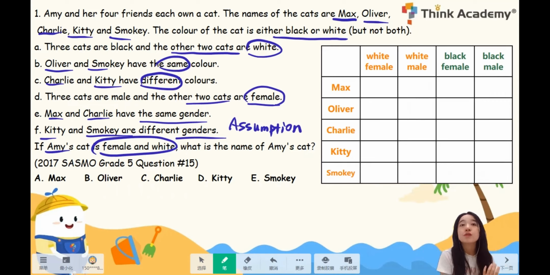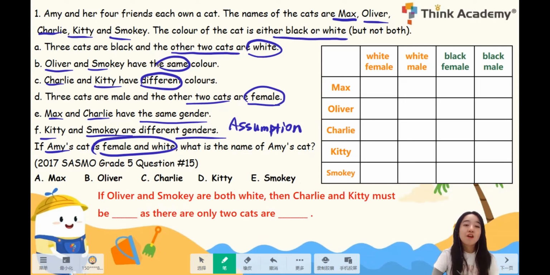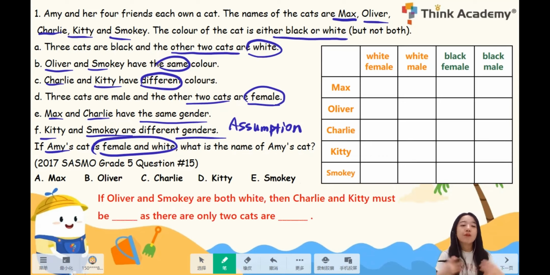If it is contradictory, that means our assumption is wrong. For example, if Oliver and Smokey are both white, because we know they are the same color, you can assume they are either white or black. But I choose white. That's because as long as these 2 are white, the other 3 must be black.